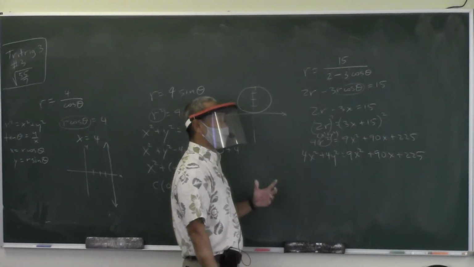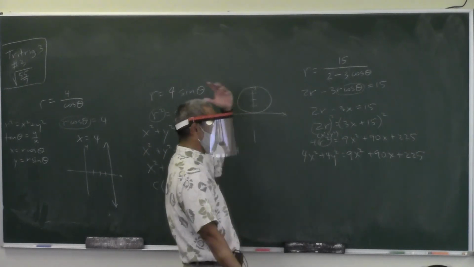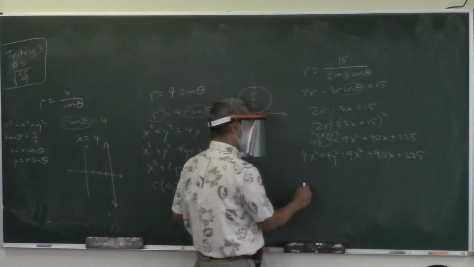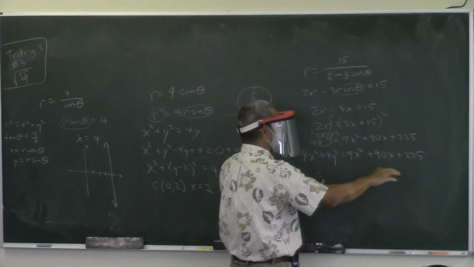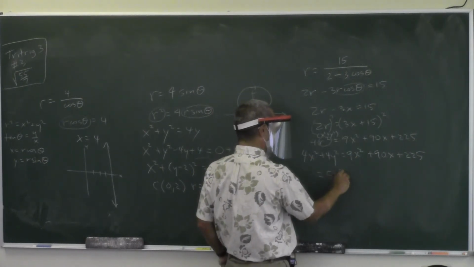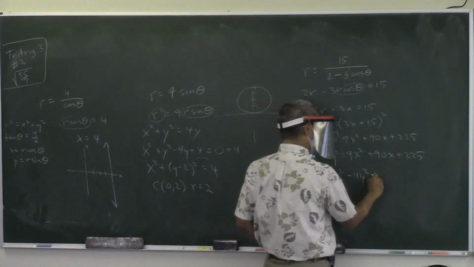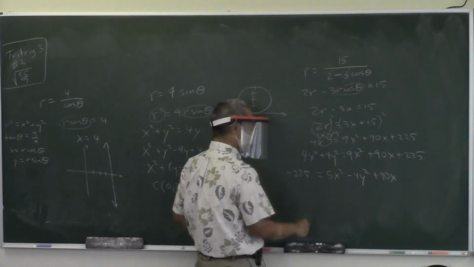Do you guys remember how to put ellipses and hyperbolas into standard form? Or is that just gone from the memory too? Okay, let's put all the x's and y's on this side. So subtract 4x squared. You have 5x squared plus 9y squared minus 60x, and then bring the number over to this side.